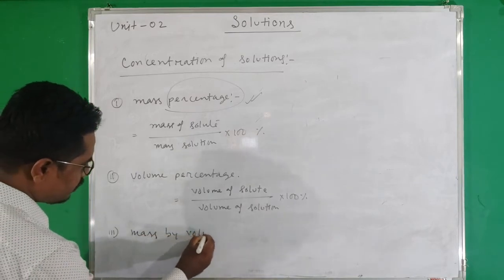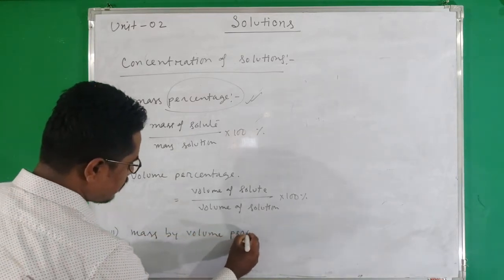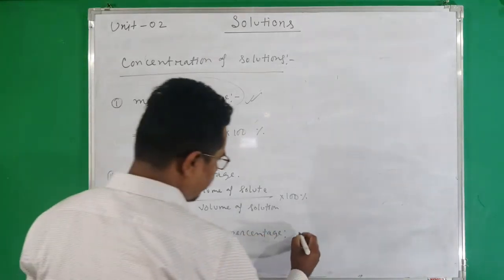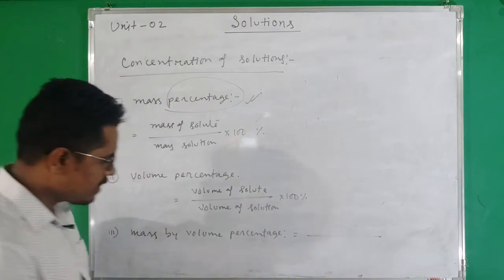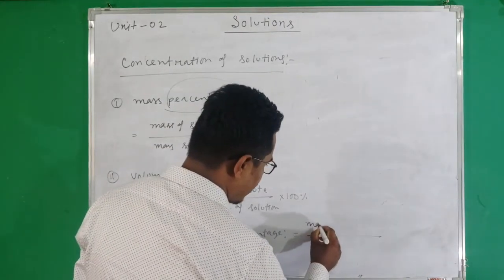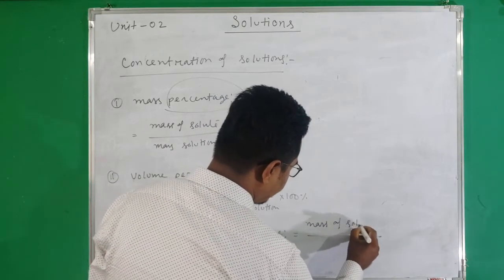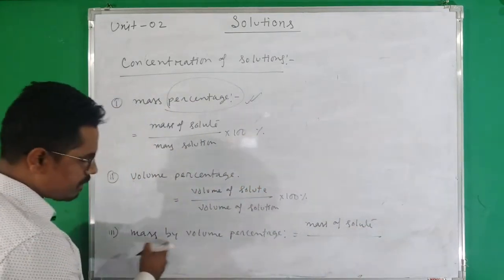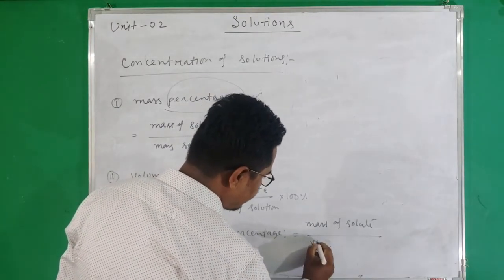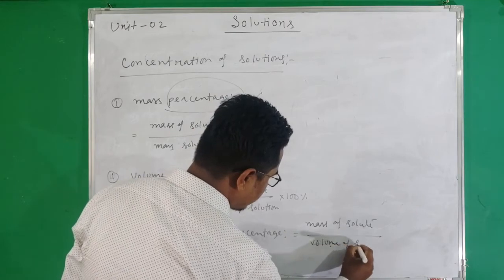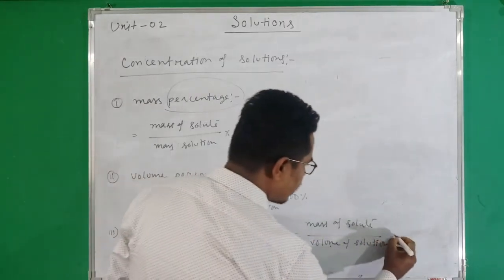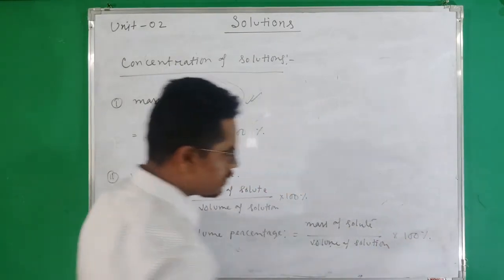Mass by volume percentage equals mass of solute by volume of solution into 100%.